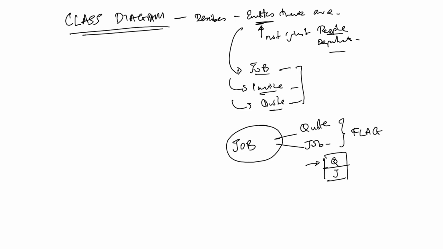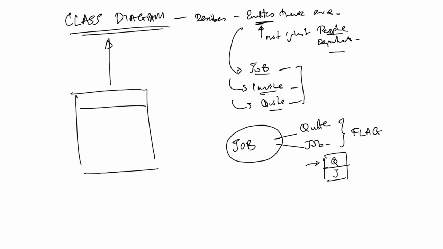Okay, so coming back to our class diagram, the way you do it is you have a title, so customer. Your customer has attributes and it has methods.